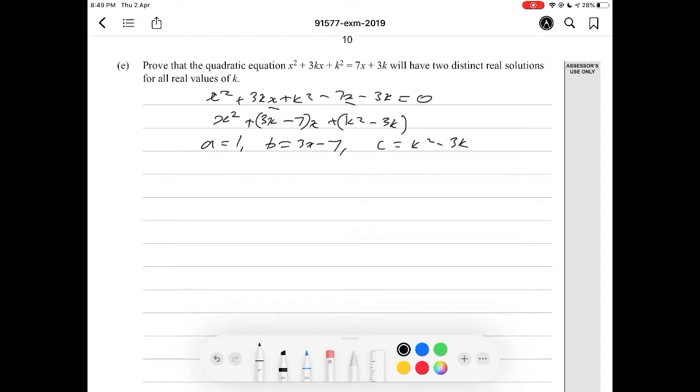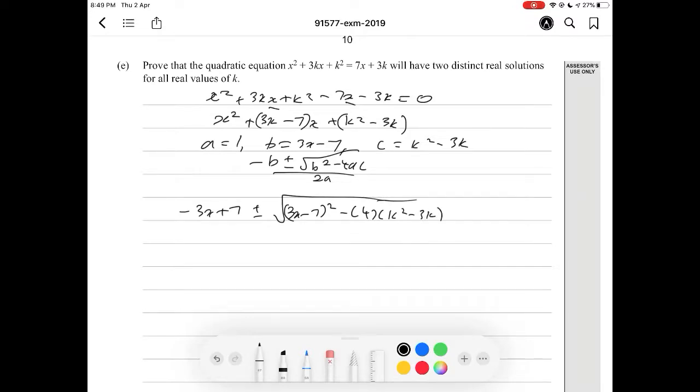So therefore, we can say the quadratic formula, once again, negative b plus or minus square root of b squared minus 4ac, over 2a. Alright, so we have negative (3k minus 7) plus or minus square root of (3k minus 7) squared minus 4 times (k squared minus 3k). Sorry, I forgot to divide by 2.